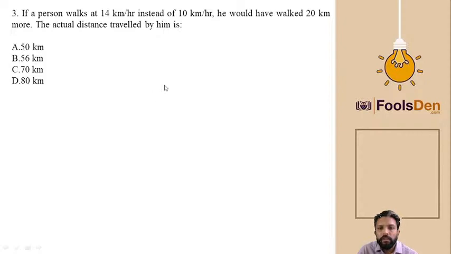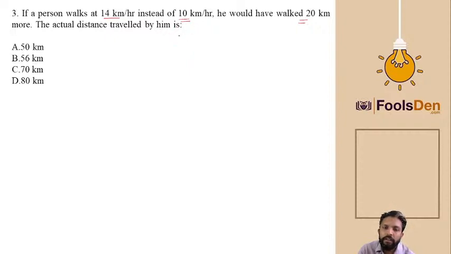A person walks at a speed of 14 kilometer per hour instead of 10 kilometers per hour, and would have walked 20 kilometers more. Basically, you can say that the time factor here is constant.